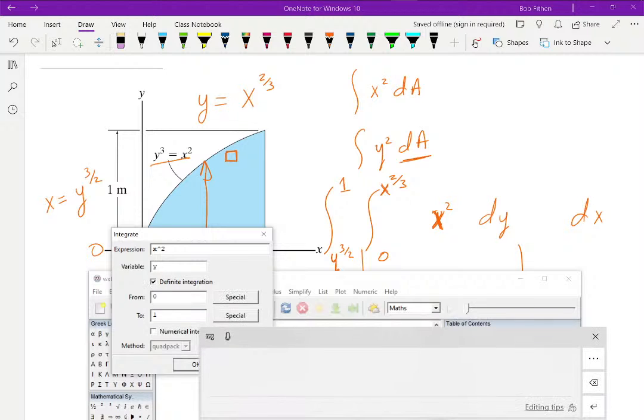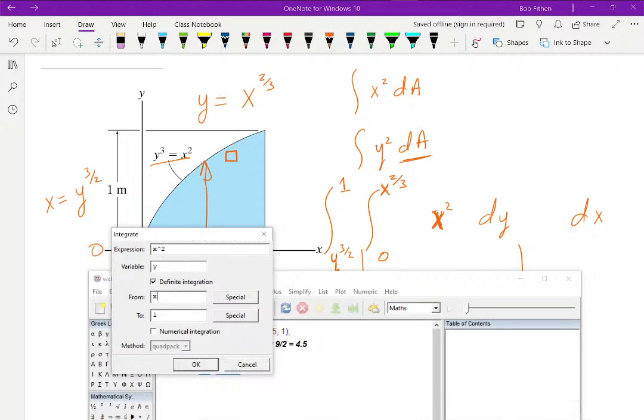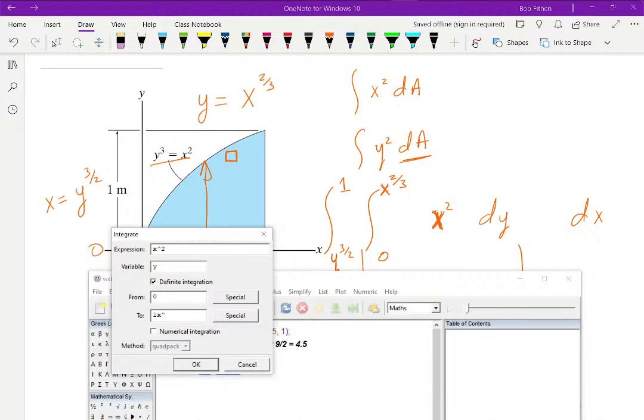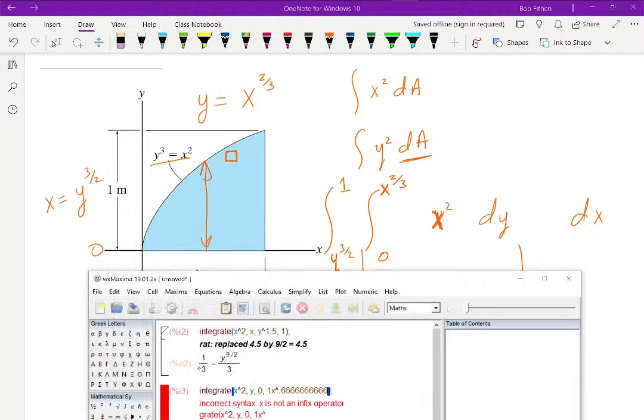I'm integrating from 0 to x brought up to, for some reason he does not like the 2/3, so I've got to do 0.666666.